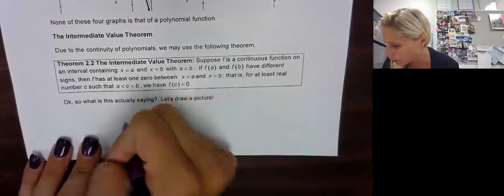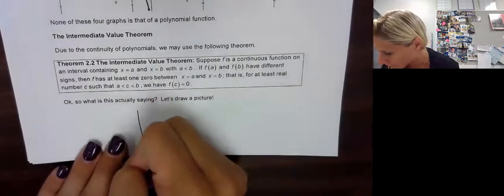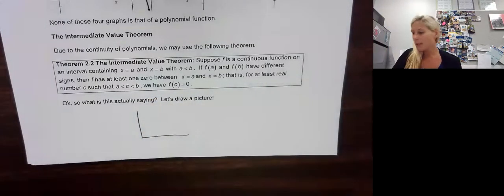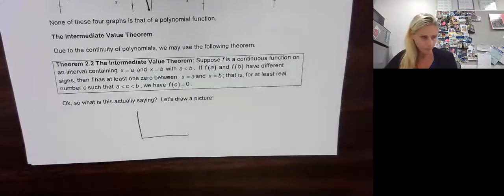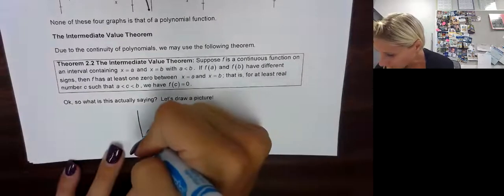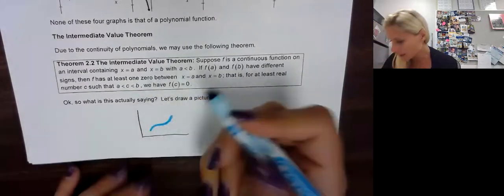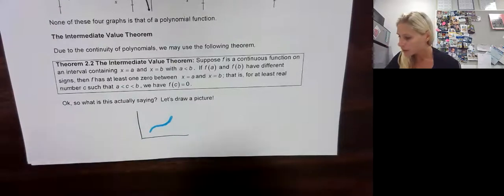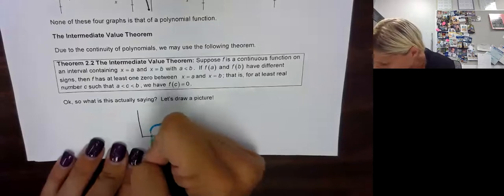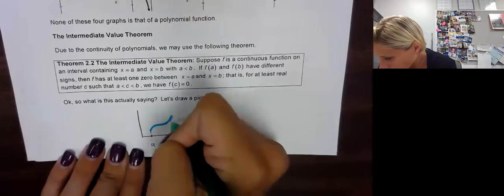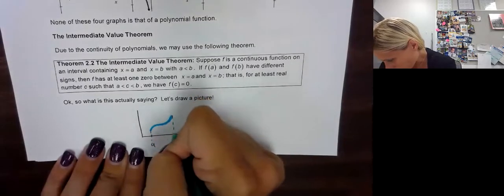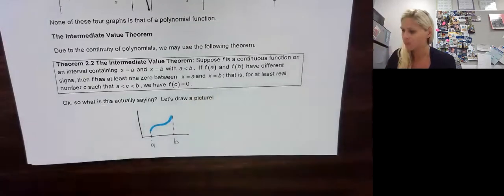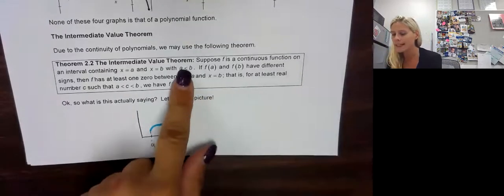So I'm going to draw what that statement says. There is some sort of graph that is continuous from a to b. If this were a and this were b, we have a continuous function. And of course, a is less than b.